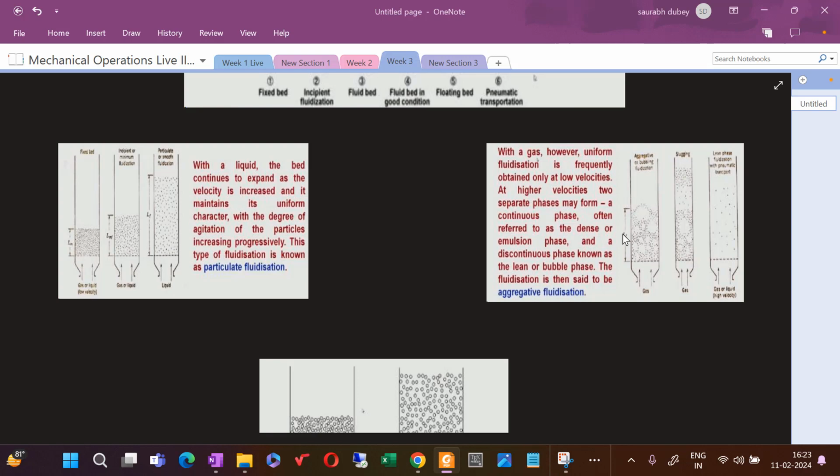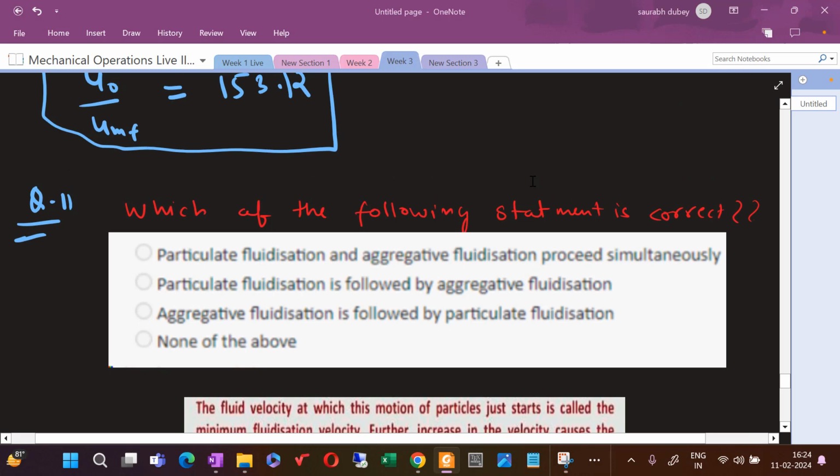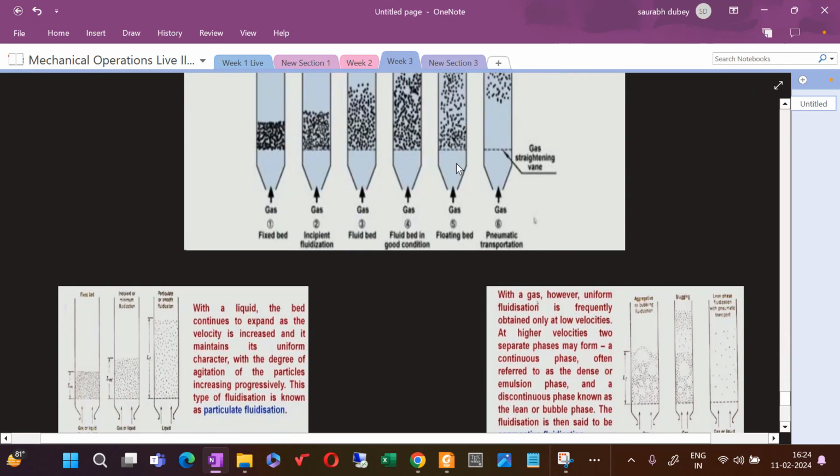So particulate fluidization is followed by aggregative fluidization. After the particulate fluidization, aggregative fluidization will come. So now you understand this particular thing. This is also clear from the first figure.